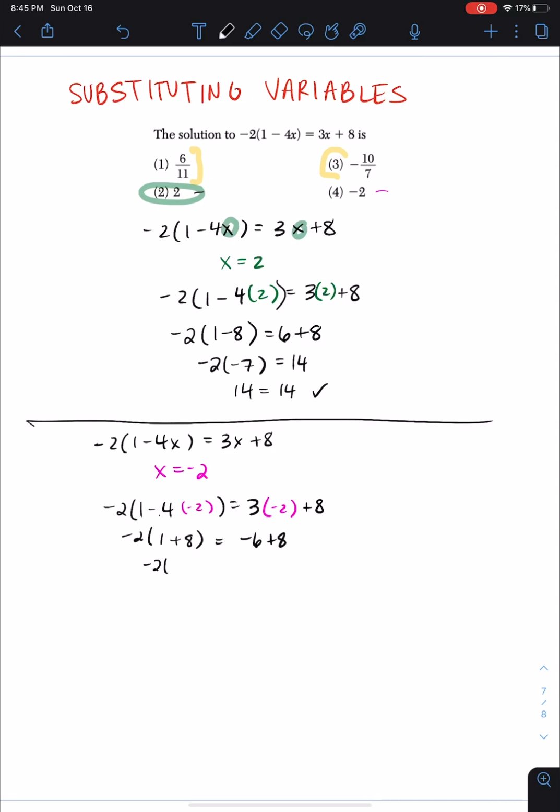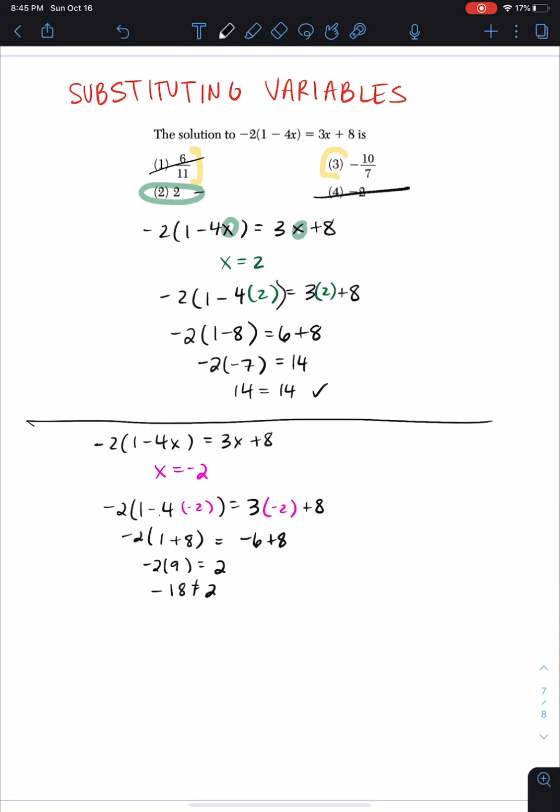So we have -2 times 9 is equal to positive 2, since -6 plus 8 is positive 2. So -18 is equal to 2. -18 is not equal to 2, so that's how we know option number 4 does not work.